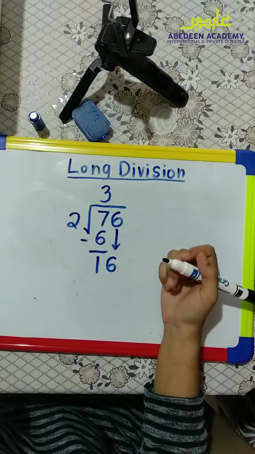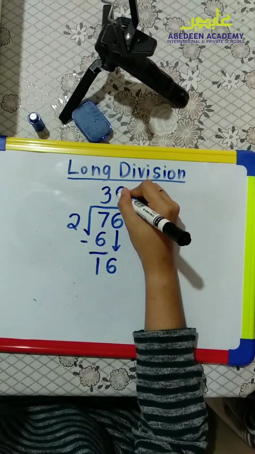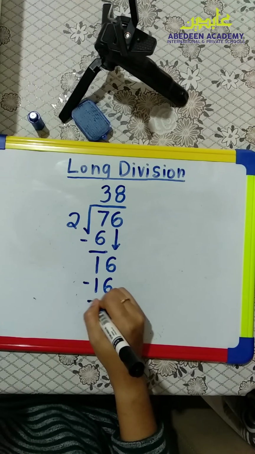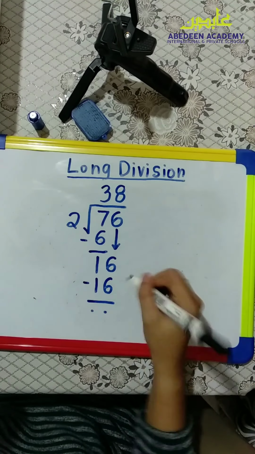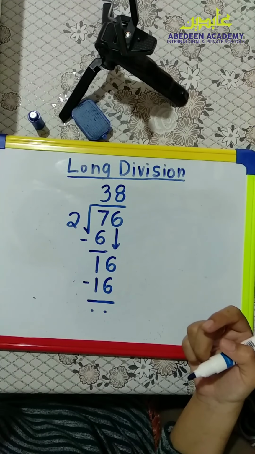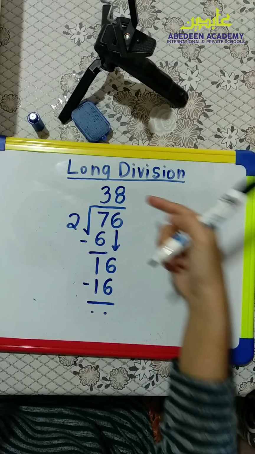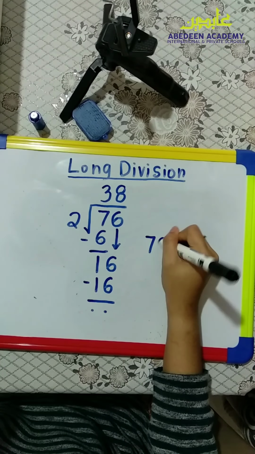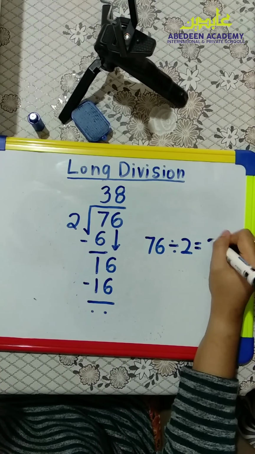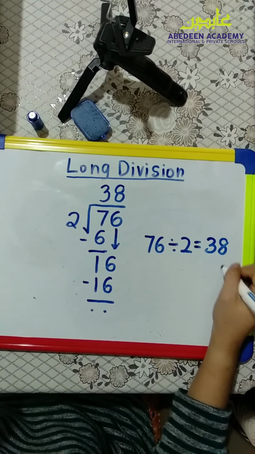What times 2 equals 16? 2 times 8 equals 16. The answer is 0. Okay, 16 minus 16 equals 0. Okay, so there's your dividend, that's your divisor, that's your quotient. We'll write here again. 76 divided by 2 equals 38.